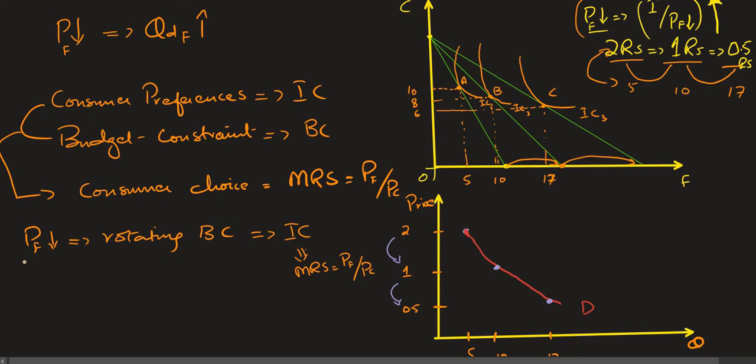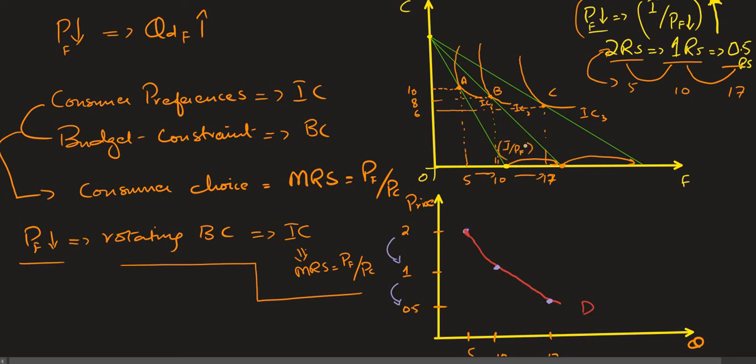Then we have said that when the price of food has declined, from this very analysis we have seen that when we were rotating the budget constraint, we were increasing the quantity of food from 5 to 10, from 10 to 70. Irrespective of this whole discussion, if you want to see just the relationship of the change in price through which we were changing the budget constraint, it changed because of price, because the intercept term was I over PF.